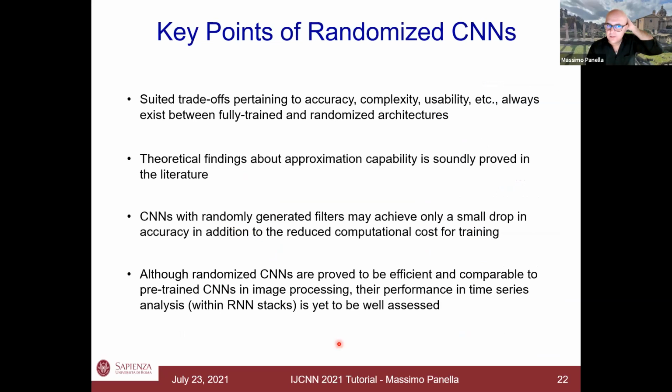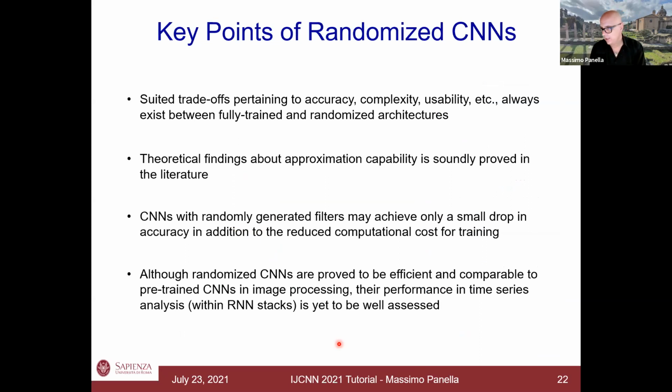Key point of regularization is that there are suited trade-offs pertaining to accuracy, complexity, usability that always exist between fully trained and randomized architecture. Theoretical findings about approximation capability are soundly proven in the literature. Convolutional layers with randomly generated filters may achieve only a small drop in accuracy in addition to the reduced computational cost for training.